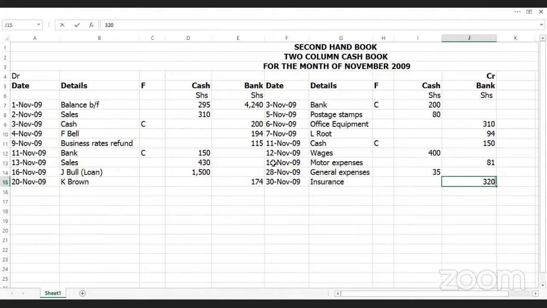Members, someone add the cash column, bank column on the debit, and then credit. We need to balance off this cash flow. How much is the total for the cash amounts of the debit?